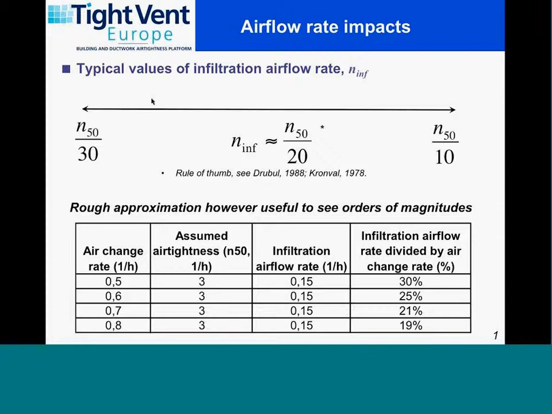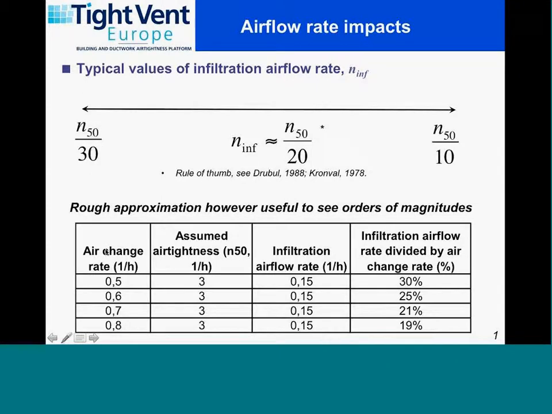So it's possible, as a rough estimate, to take N50 divided by 20 as an indicator for the infiltration rate. In this table, what I've done is to compare the infiltration airflow rate, based on this rule, to reasonable air change rates.